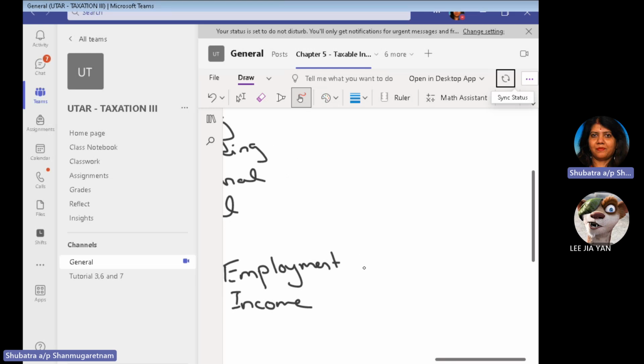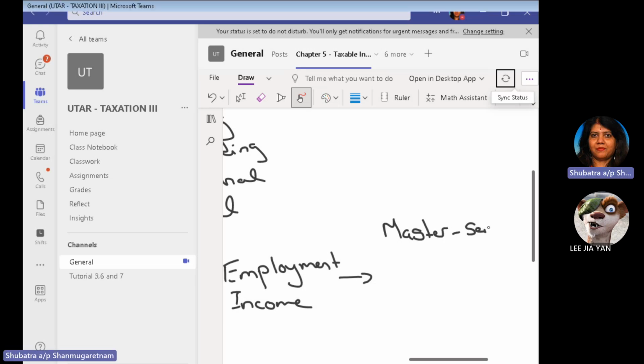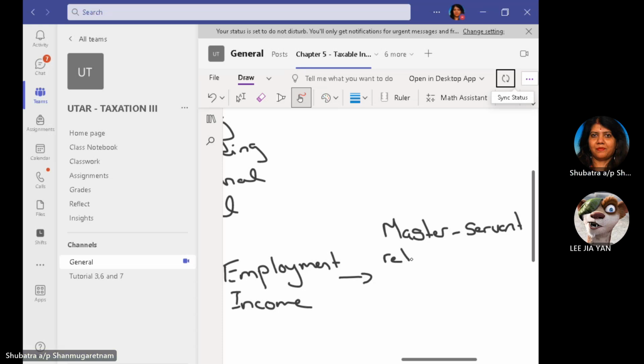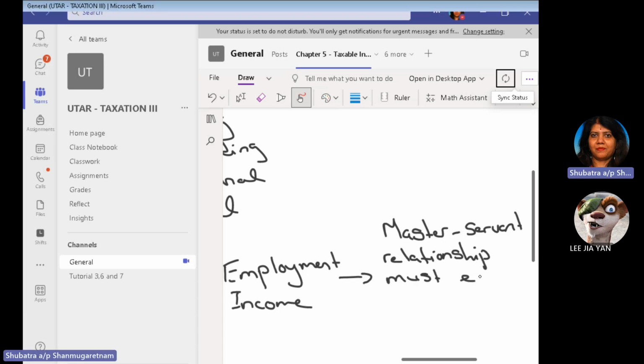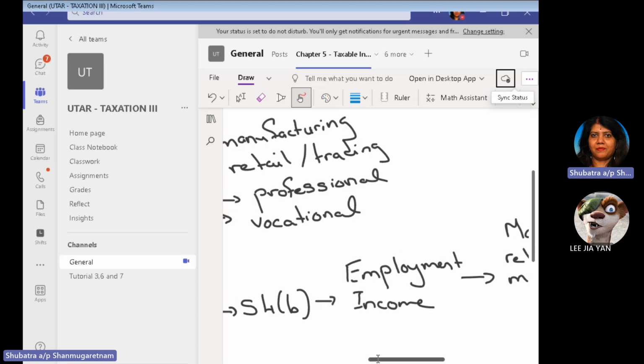So under employment income, remember, for employment income to exist, a master-servant relationship must exist. All right. If a master-servant relationship does not exist, employment income cannot be established.